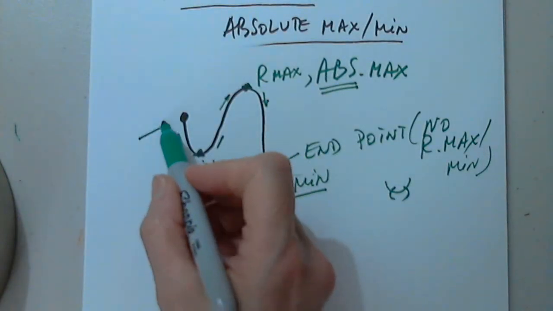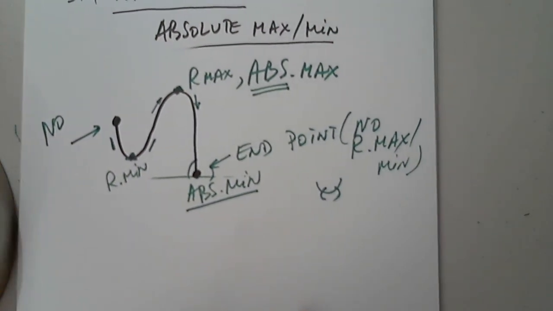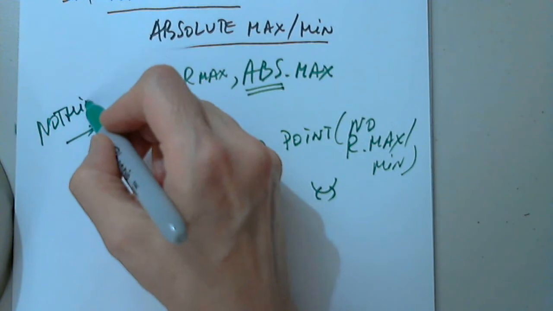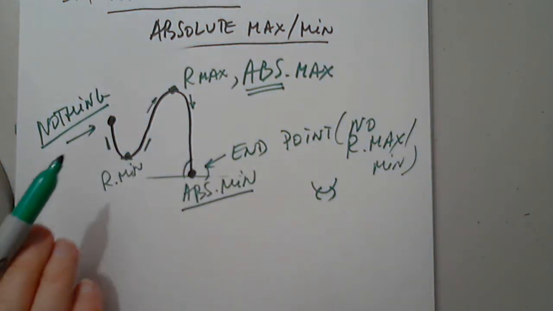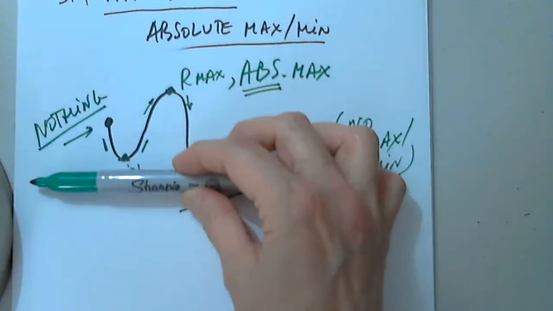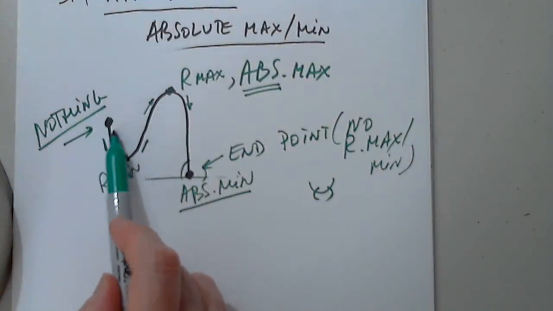This one is nothing. How come it's nothing? Because there is a higher value and a lower value, and it's not a relative because I cannot show the open interval.